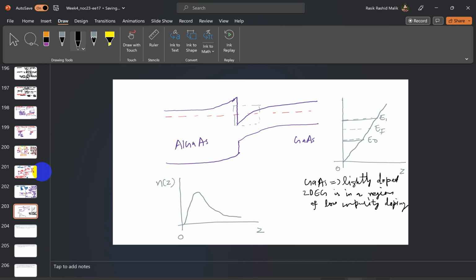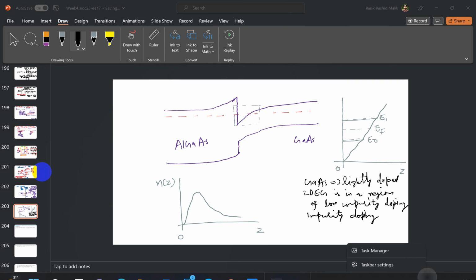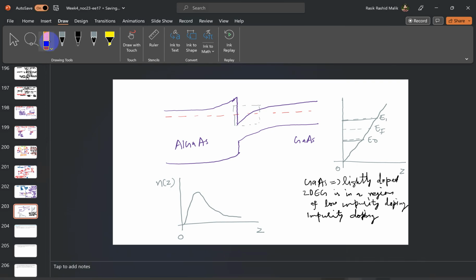So if it is in a region of low impurity doping, that means the impurity scattering effects will be minimized.